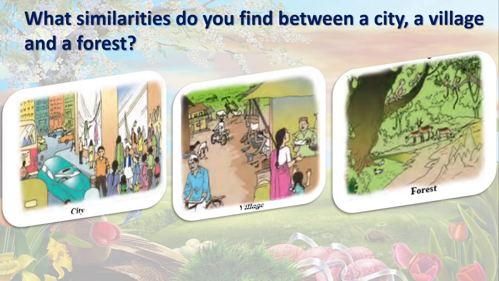Isn't it? Yes, here also the people, they are visiting the malls, they are visiting the shops to get their basic needs. Correct? In villages also, here we can see a woman with a child. She is purchasing some eatables.